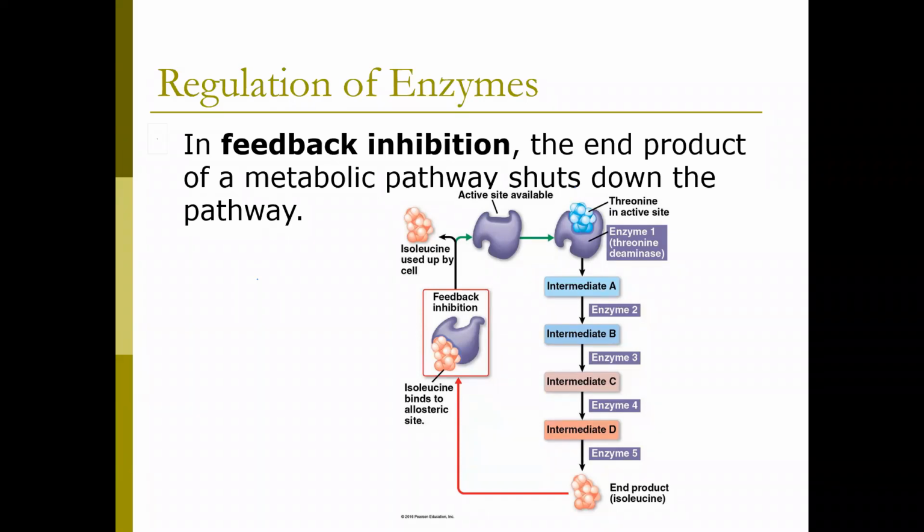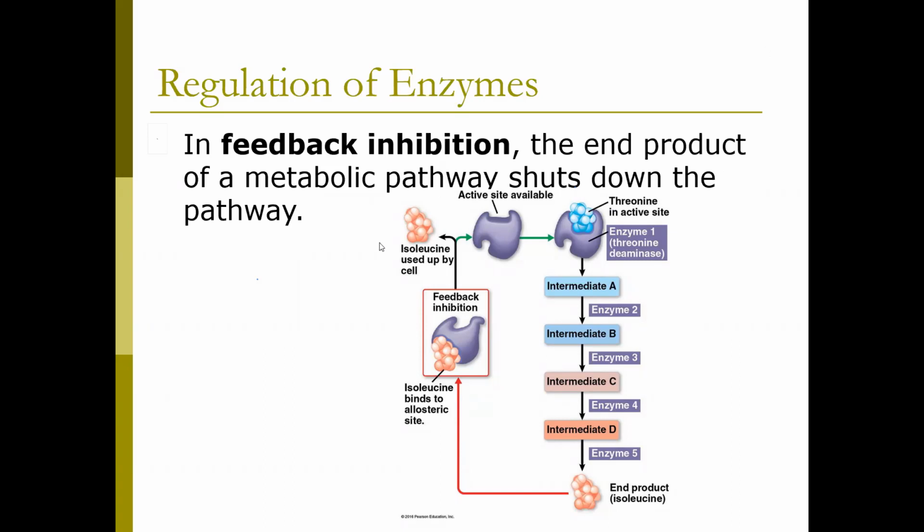So we ended up with like 3 enzymes undergoing back-to-back reactions. But eventually we have enough of the end product, so we got to shut it down. So in feedback inhibition, the end product shuts down the metabolic pathway.